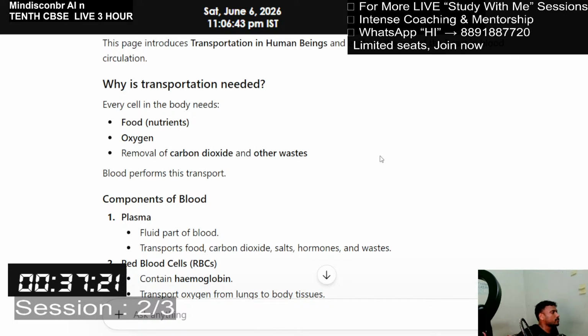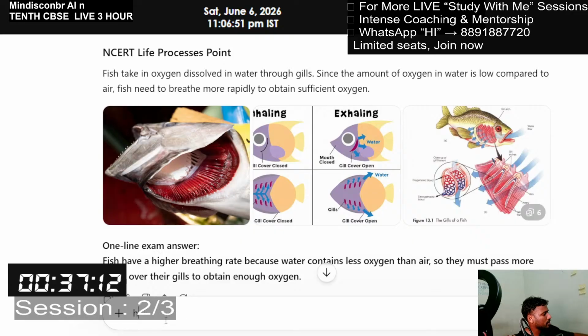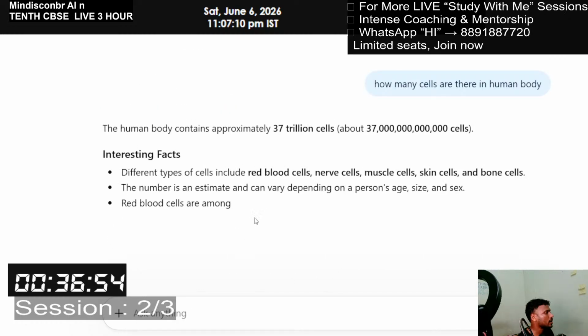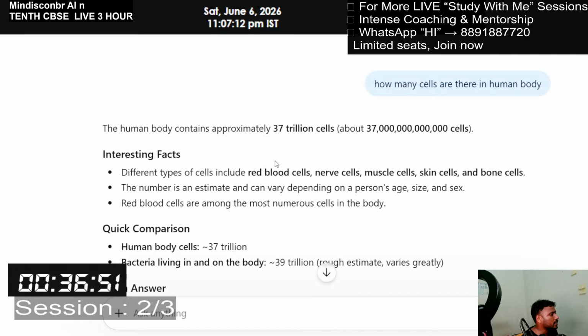We have millions of cells in our body. How many cells are there in the human body? 37 trillion cells.